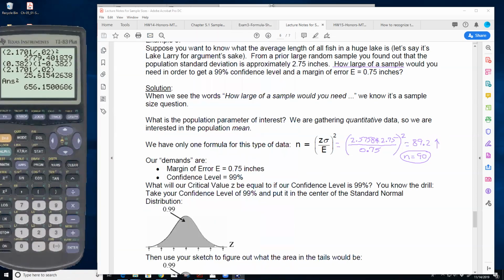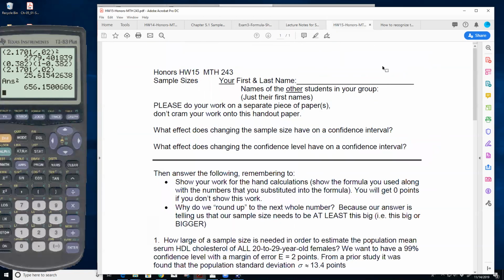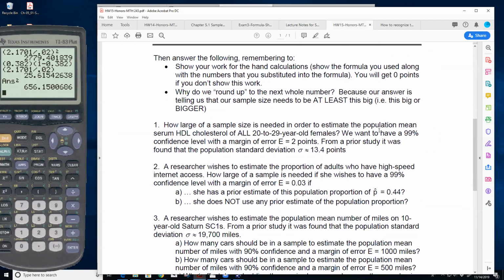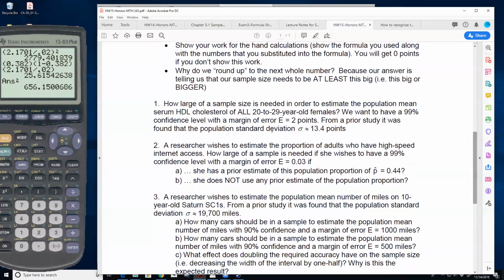Here, let's clear this out. And so you got the homework handed out to you last time. And if you misplaced it, you can get another copy from Moodle. It's up there. And so notice this, they're asking you, how large of a sample is needed? Okay, how large of a sample is needed? Do you see it?